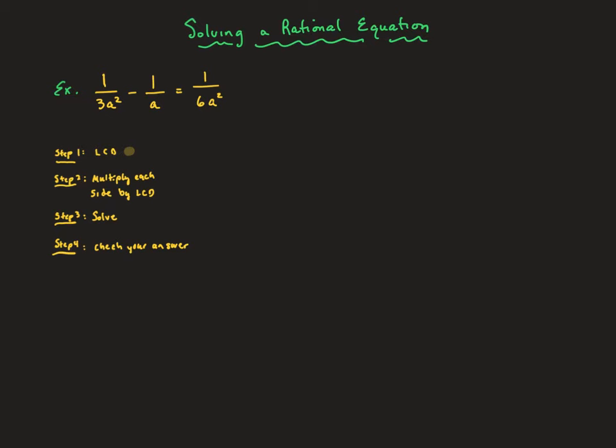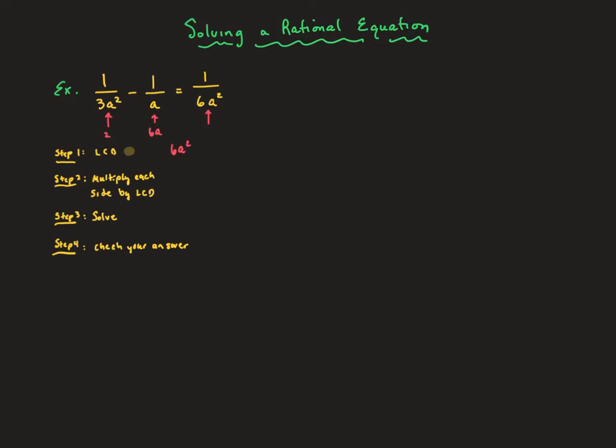Looking at 3a squared, a, and 6a squared, my least common denominator is going to be 6a squared, because I can multiply a by 6a to get 6a squared, I can multiply 3a squared times 2 to get 6a squared, and of course the last one is already 6a squared.